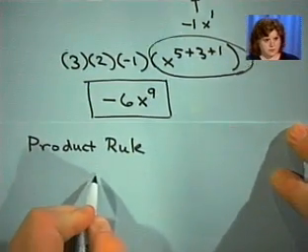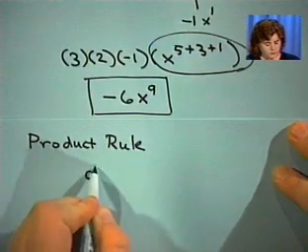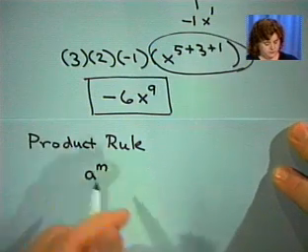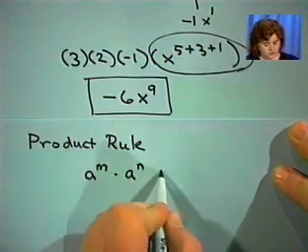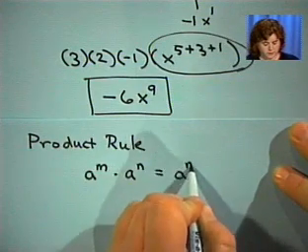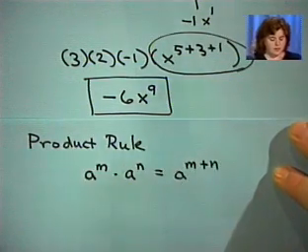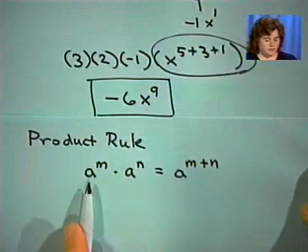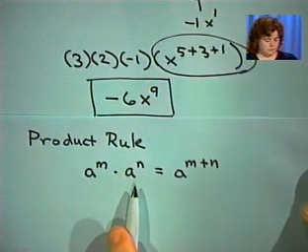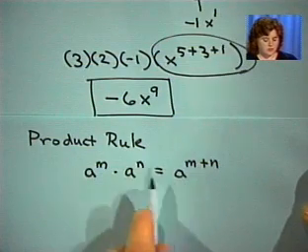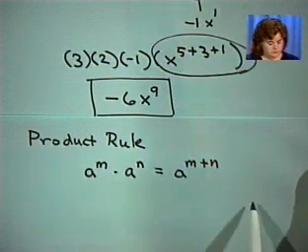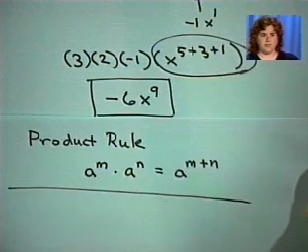Which was a raised to the power m times a raised to the power n equals a raised to the power m plus n. And again, the bases must be the same, and we don't mess with the base. We leave it alone, and we just add the powers. And that is the end of this segment.